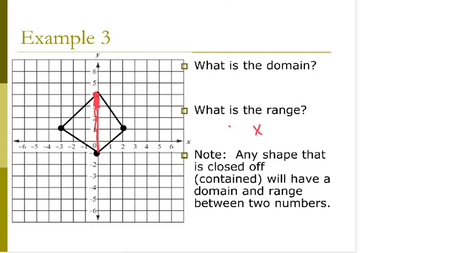It's going to include 0, so it can be greater than or equal to 0. The or equal to, that line at the bottom, tells us that 0 can be included, but we know the same thing about 4. 4 can be included as well. So our range is y is between 0 and 4, or y is less than or equal to 4 and greater than or equal to 0.